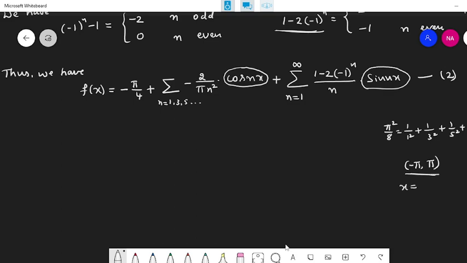I think I have explained in the last class. First, usually we take end values, and if that is not working, then we go for midpoints, 0 or pi by 2 or minus pi by 2 and so on. So this is working when the function is continuous.